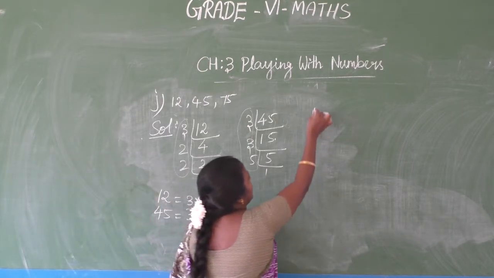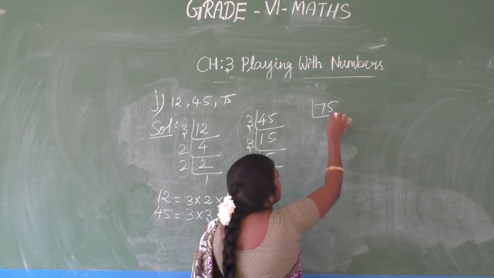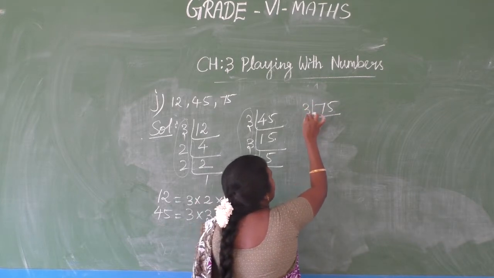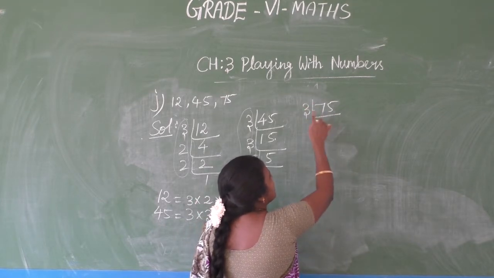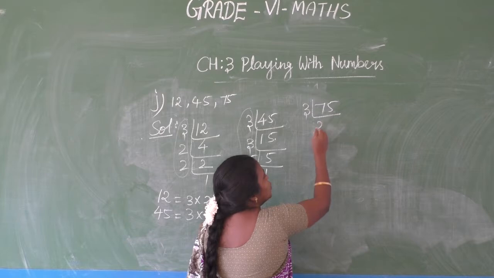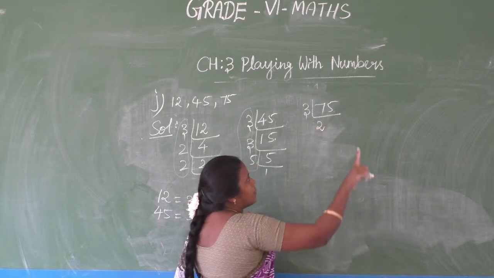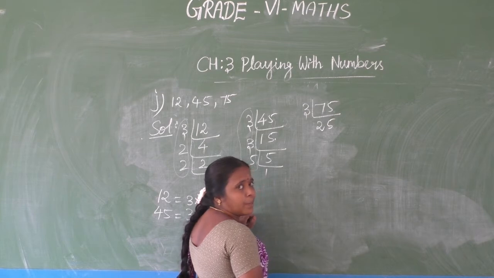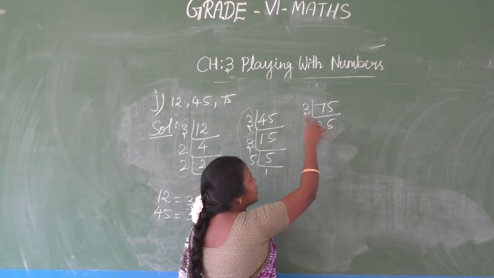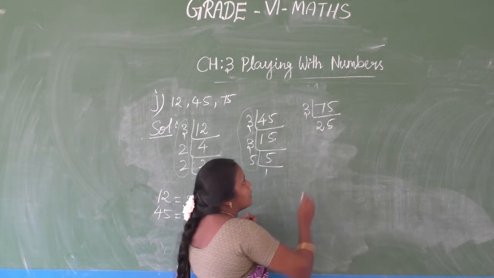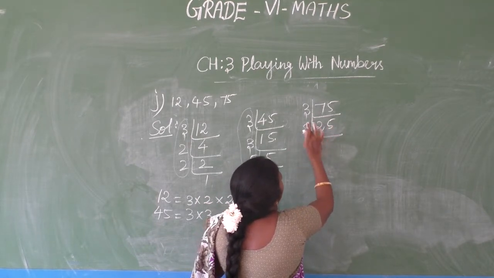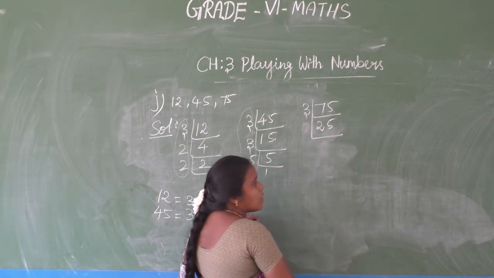Come to 75. This is an odd number. So we have to divide this number by an odd prime. I am trying by the 3 table. In 7, how many 3s are there? 2 3s are 6. Remainder 1, 15. 5 3s are 15. Okay, 25 3s are 75. Now 25 is an odd number, also a composite number.